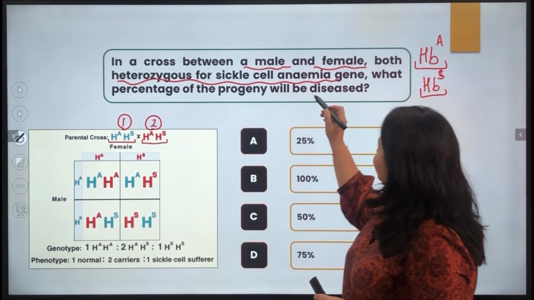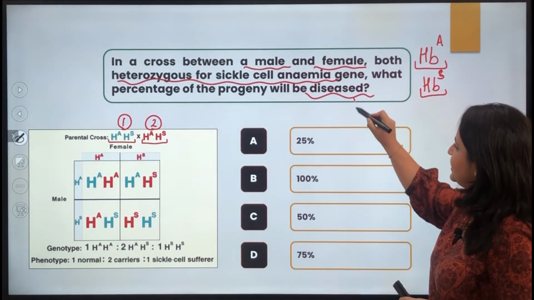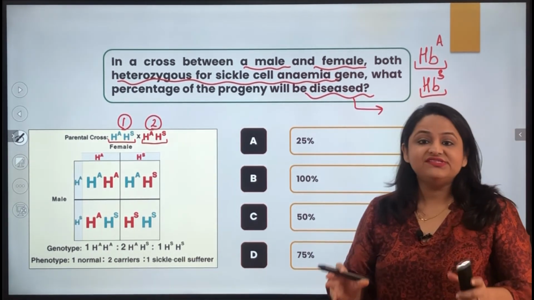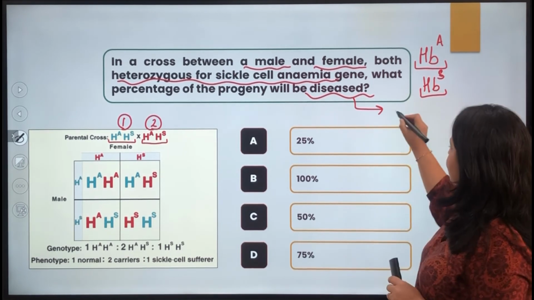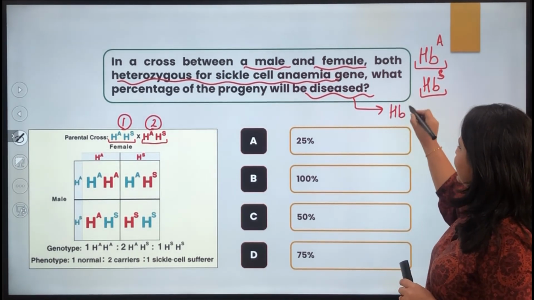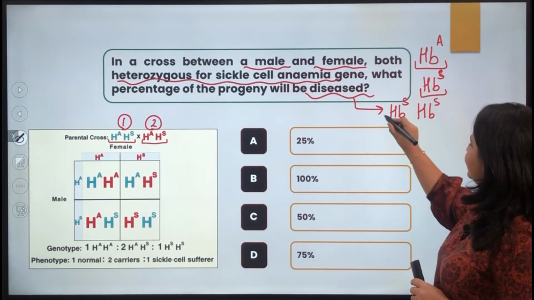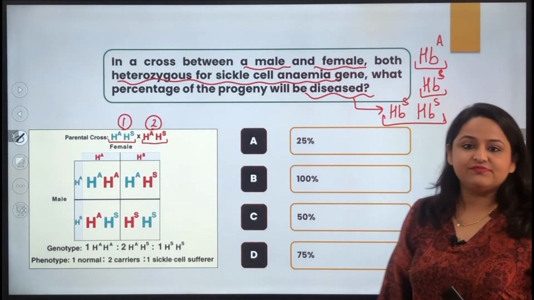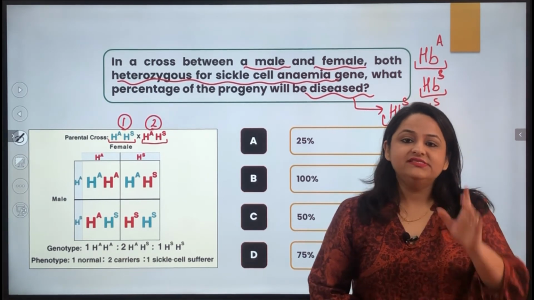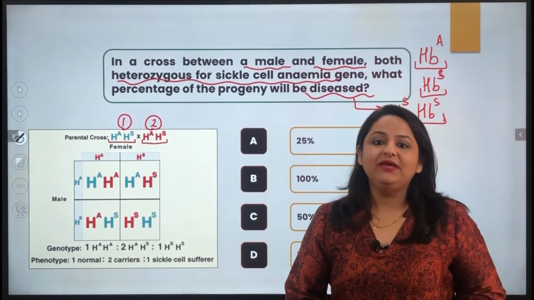Now we know the diseased condition will be seen only in a recessive condition. So whenever there is HbS as well as HbS, that is, the recessive condition is present, only then the diseased progeny will be witnessed.